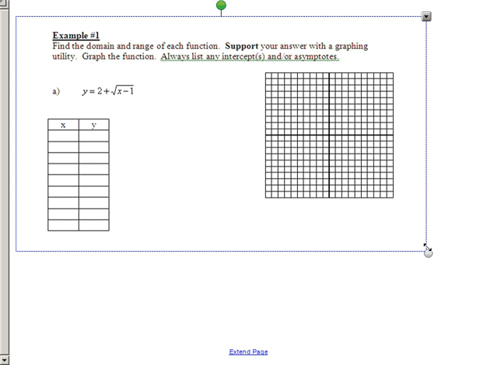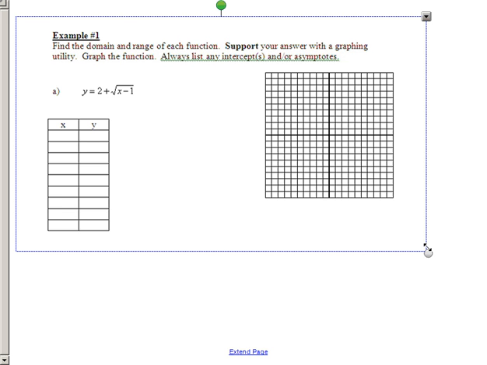So on a problem like the square root of x minus 1, we do not have an asymptote. We have an endpoint. And so for some, it may be helpful for you to look at the domain first.